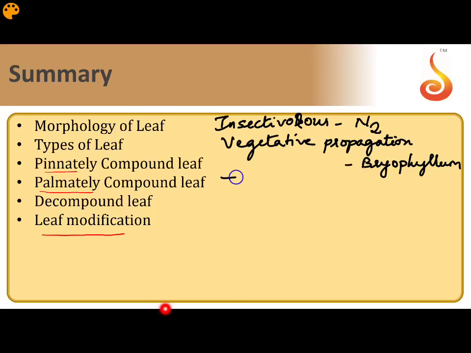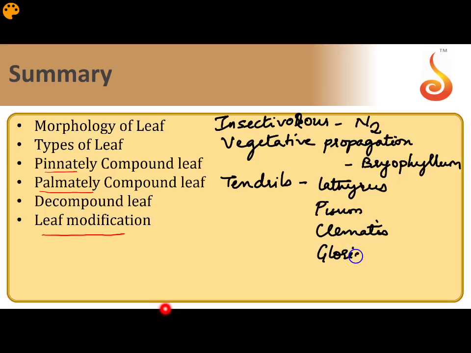We saw leaf tendrils which helped them climbing. This was seen in case of Lathyrus, where entire leaf became a tendril, Pisum sativum, where upper leaf became tendrils, Clematis, where petiole became a tendril, and Gloriosa, where leaf tip became a tendril. Other than this, we saw Phylloclade and Cladode.